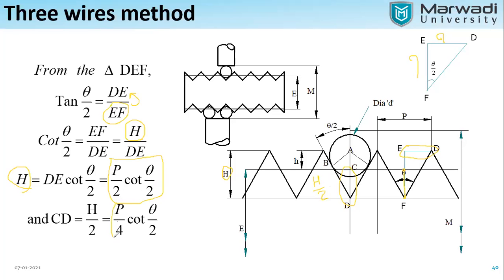It means it will be P by 4 cot theta by 2. So the final answer of CD will be P by 4 cot theta by 2. Is it clear, guys, how we got the answer of distance CD? Wherever you have any query, you can ask. Is it clear now?